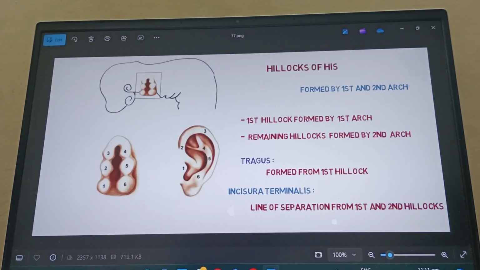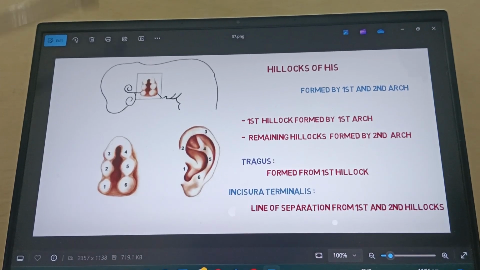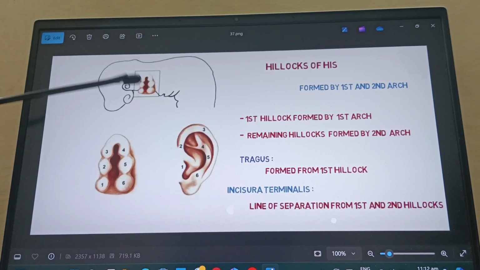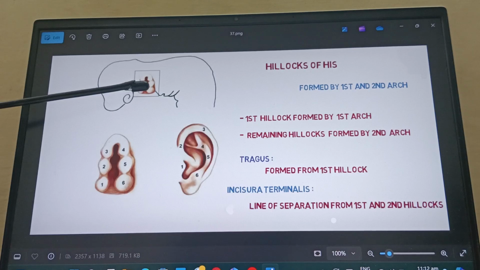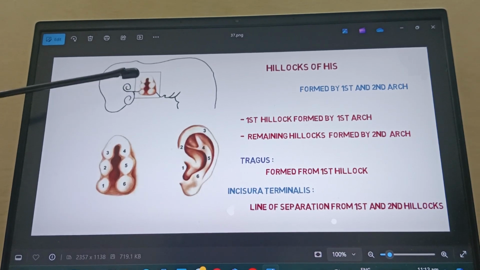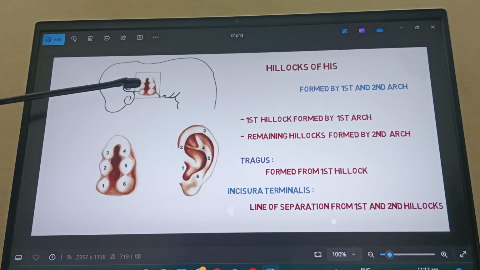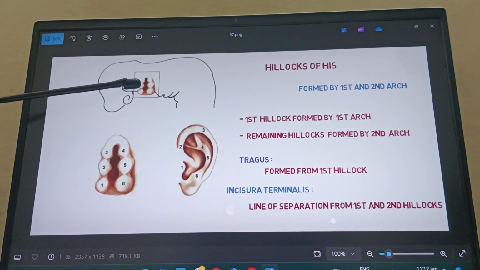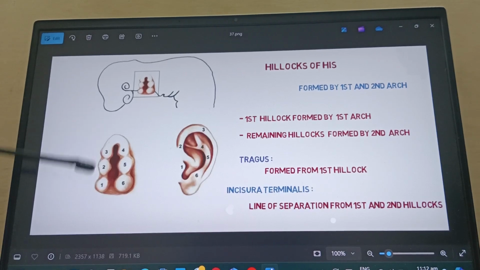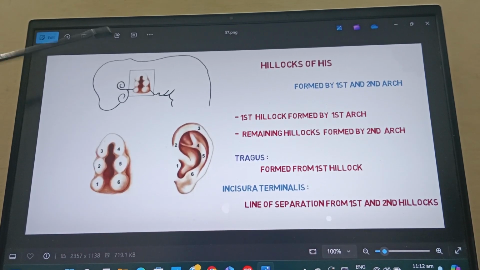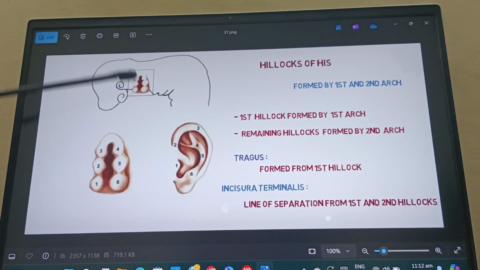Now see what next. Here we can see the lateral aspect of the embryo in the vicinity of the first and second pharyngeal arches, around the first pharyngeal cleft. They give rise to six swellings, which we call auricular hillocks. They are numbered 1, 2, 3, 4, 5, and 6, so six on each side of the embryo.